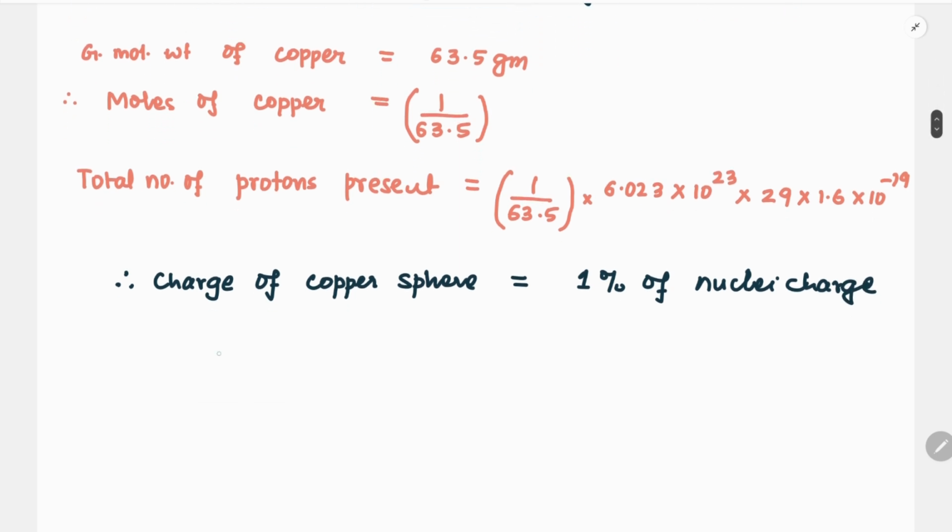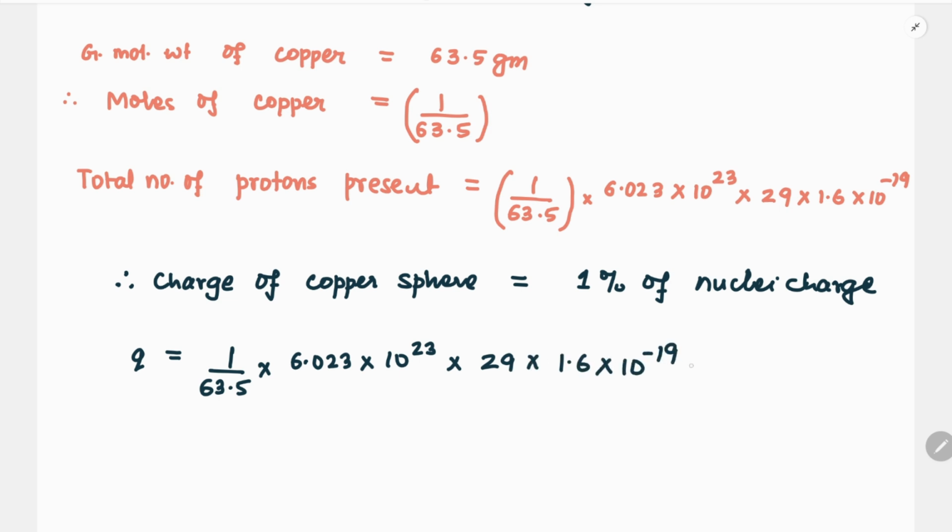So we can calculate this value as Q equals 1 by 63.5 times Avogadro number 6.023 into 10 to the power 23 times atomic number times 1.6 into 10 to the power minus 19 multiplied by 1 by 100. So this will give us the 1% of this value in coulomb. So over here we get this value as 4.3 multiplied by 10 to the power 2 coulomb. So as such it is a large value. 1% of the nucleus charge is giving us a value 4.3 into 10 to the power 2 coulomb.